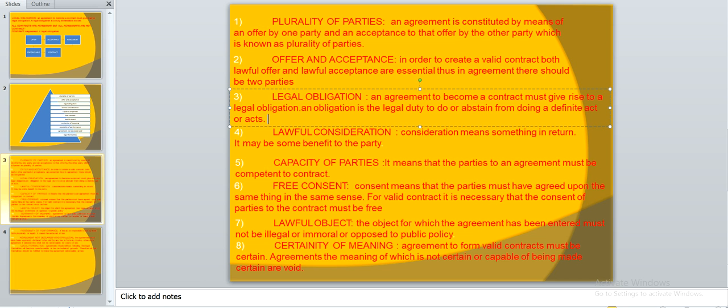Yes. So the next one is lawful consideration. Lawful consideration means something in return. Consideration, something in return, is also called a quid pro quo. When the parties are going to enter into the contract, both parties need to get something in return.